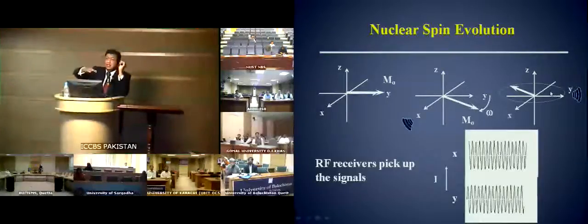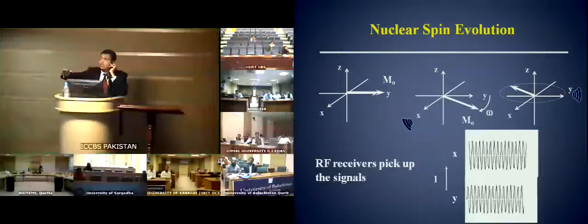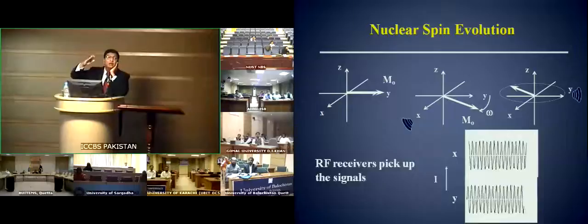Now, this magnetization vector on the transverse plane is moving on the XY plane, right? So it is recorded by the detector, and it slowly goes up, right? It slowly goes up. So the detector would record the decay in the magnitude of the signal, right?